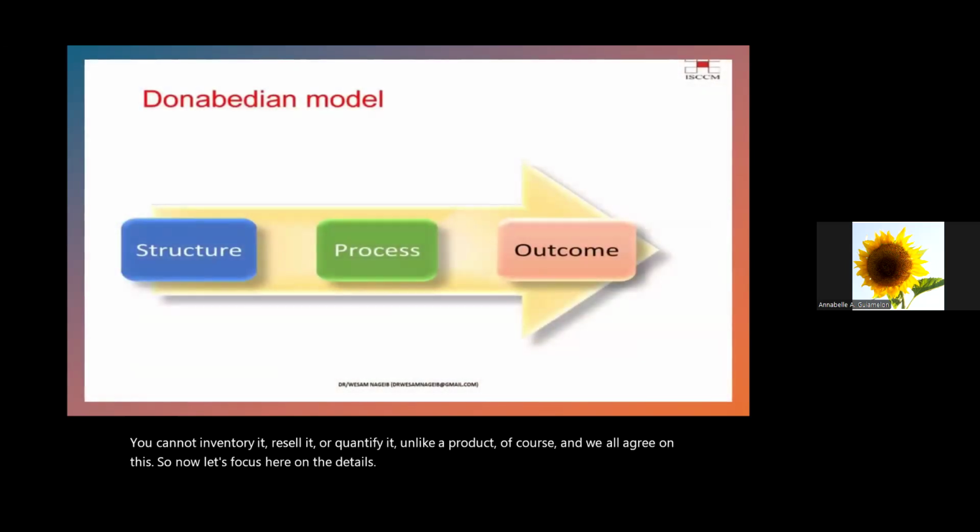Let's focus here on Donabedian. The Donabedian model, from a scholar named Donabedian, says: I want to measure my performance. To measure my performance, I need to create performance indicators.